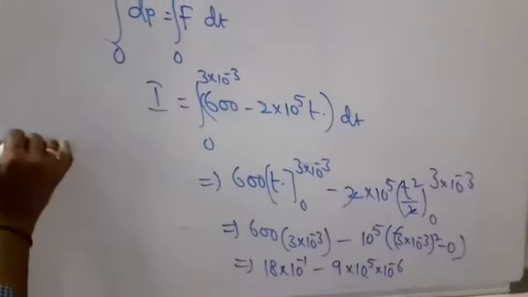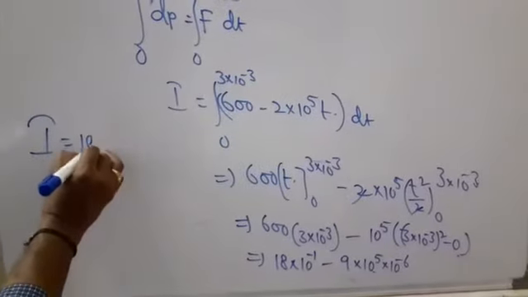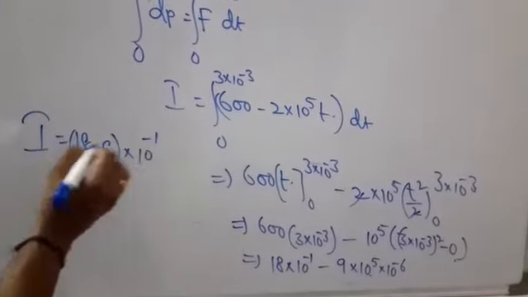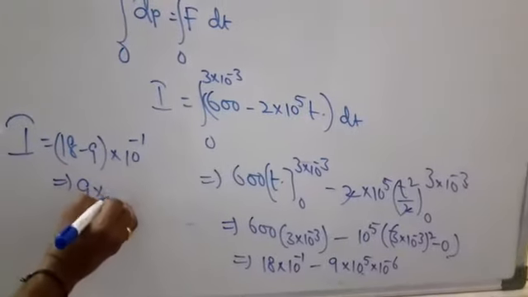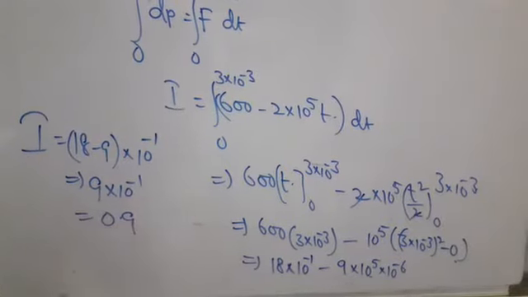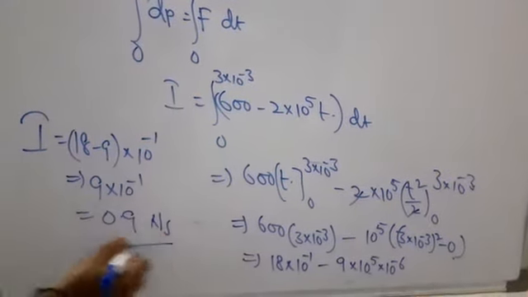Therefore impulse is 18 minus 9 into 10 to the power of minus 1, so 9 into 10 to the power of minus 1 is equal to 0.9 newton second.